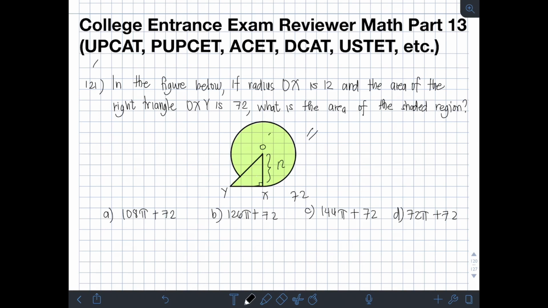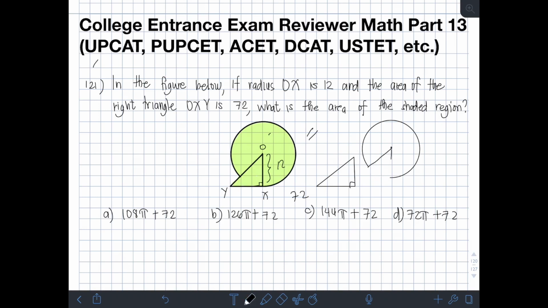So mapapansin nyo, itong figure natin is binubuo siya ng circle at saka right triangle. So pag pinaghiwalay natin, ang bale total area natin is itong circle plus itong triangle, right? Kaso, putol tong circle, hindi siya whole circle, right? Itong portion na to nung triangle, hindi siya kasama, kasi sinakop siya nung triangle, right?